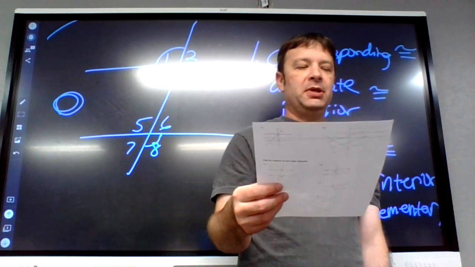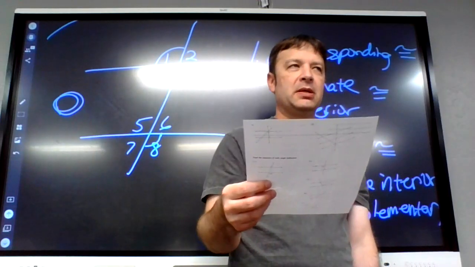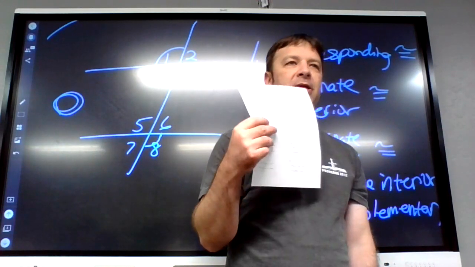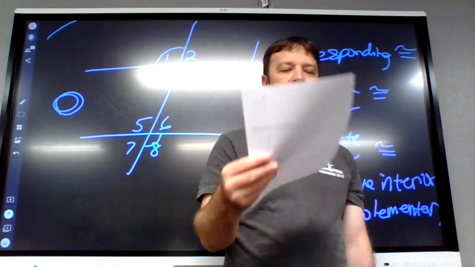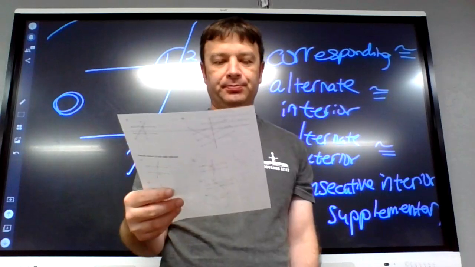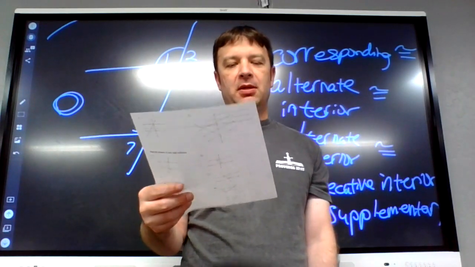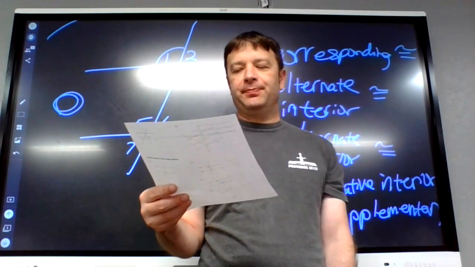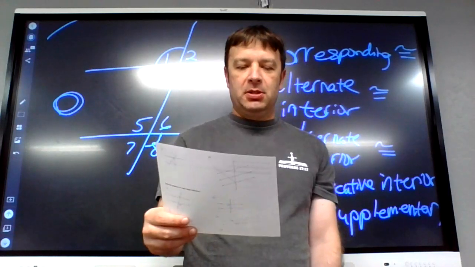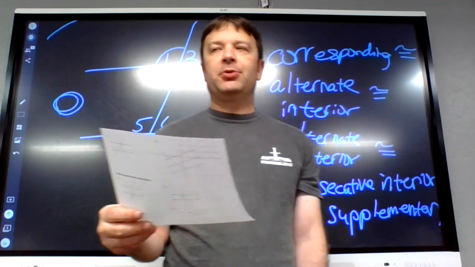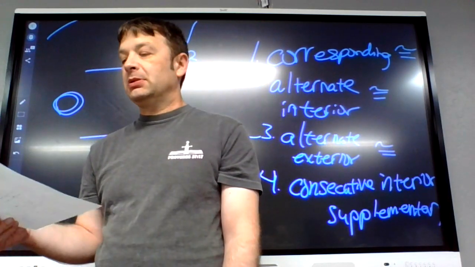Number 3. What do you think about 3? Davin, what do you think? They are also corresponding. Yep, you were not wrong. They're both in the bottom right corner of their groups.